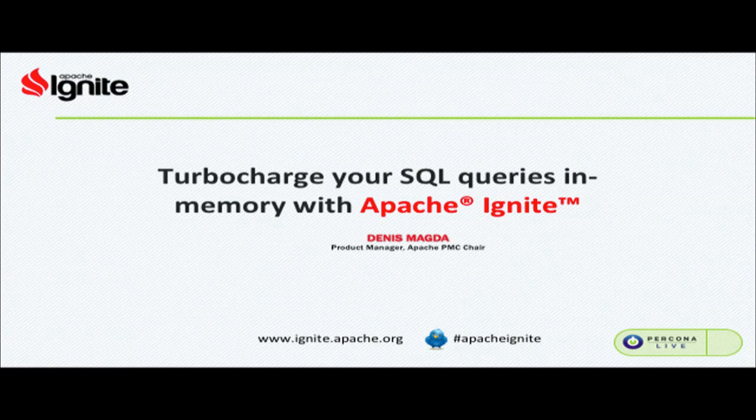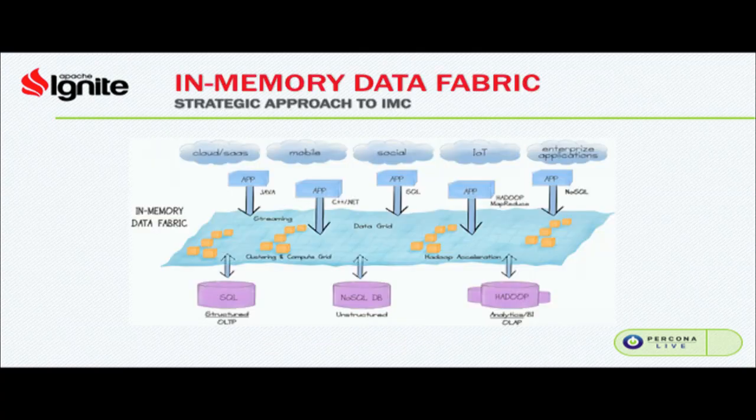So what is Apache Ignite and how is it related to the Percona conference, why did we decide to come here and propose us as one of the solutions for performance optimization? Basically, Apache Ignite is more than a distributed storage. It's more than a computational engine.